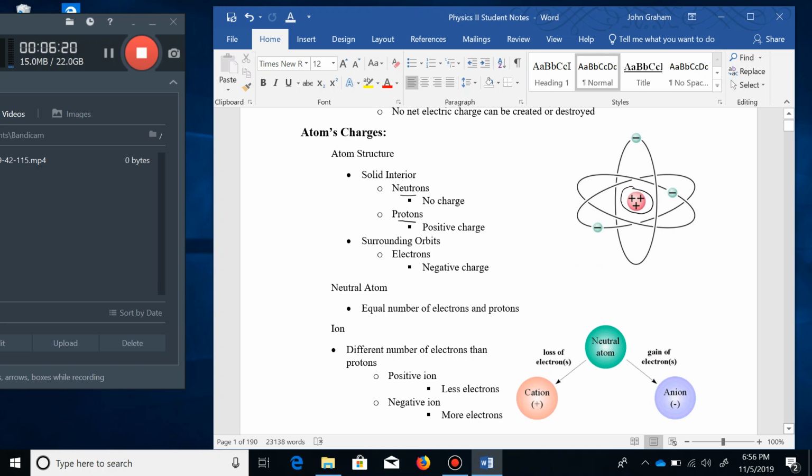It's a solid center that we call the nucleus. And then the electrons are in these surrounding orbits. Right now, we are looking at them as just circular orbits. But later on, we're going to see that they're not completely circular, and they can be in certain other areas around the same orbit. But for right now, this is the basic model that we go by for an atom.